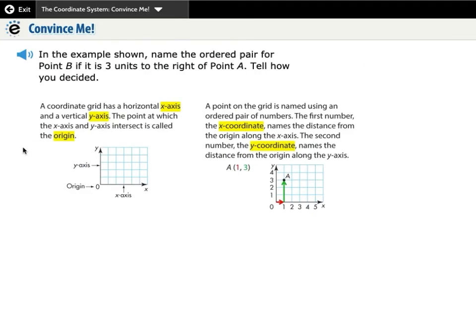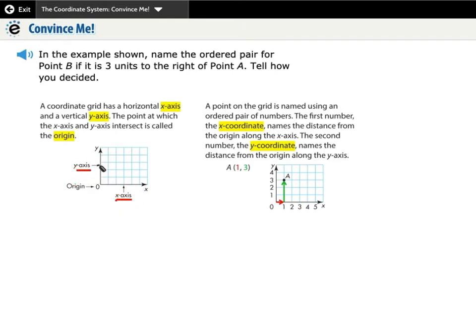Let us answer Convince Me on page 778. In the example shown, name the ordered pair for point B if it is 3 units to the right of point A. Tell how you decided. Okay, so as we said, the coordinate grid is made up of horizontal line, which is called as the x-axis, and a vertical line, which is called as the y-axis.